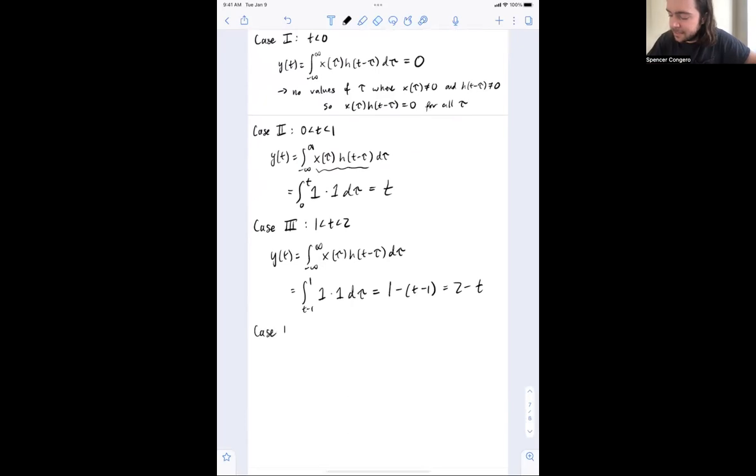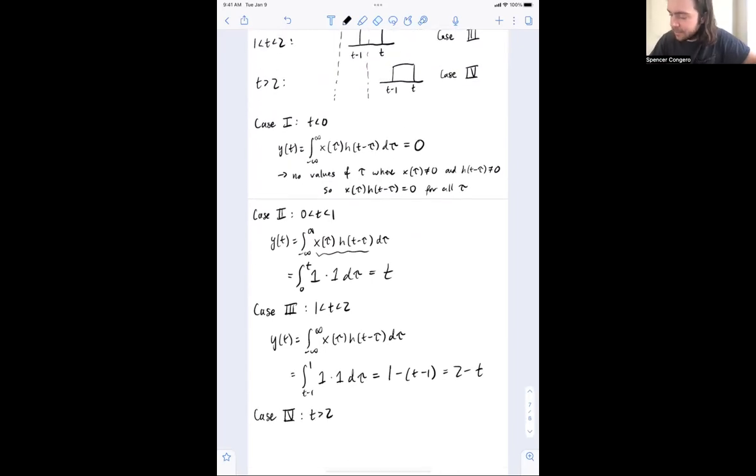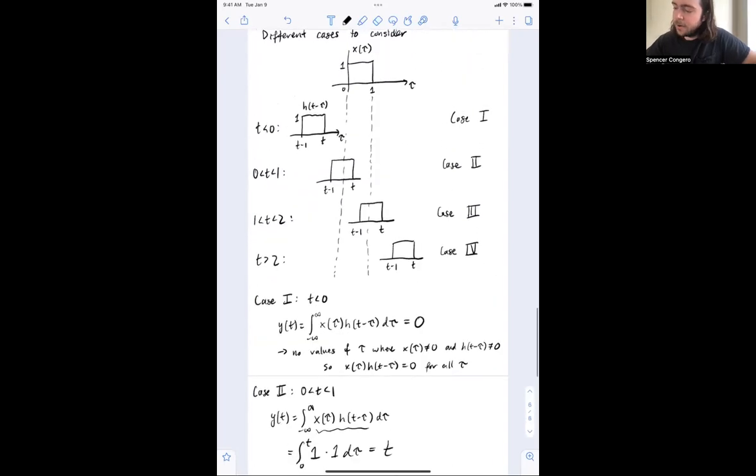All right, finally, case 4. This one should be pretty easy. And this was when t was greater than 2. Okay, I'll write it out one more time. Y of t is this convolution. X of tau, h of t minus tau d tau. But again, all of the tau values have at least one of these two functions equal to 0, right? There's no overlap between the tau values where both of these functions are non-zero.